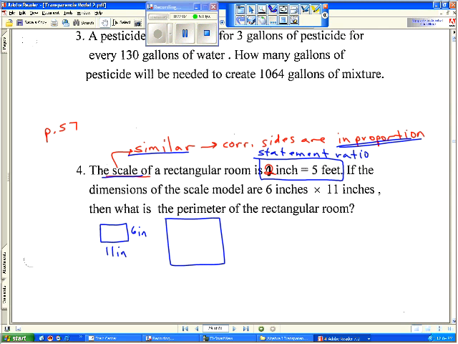I'm going to scoot that over a little, so I'll have more room. I need to find the length of this thing in feet. Whoops, I put that in the wrong spot. I always make my width this one. I want to find the width of that in feet and the length in feet.